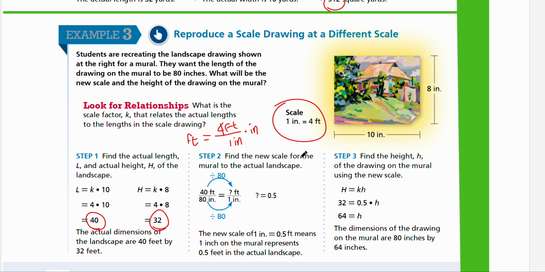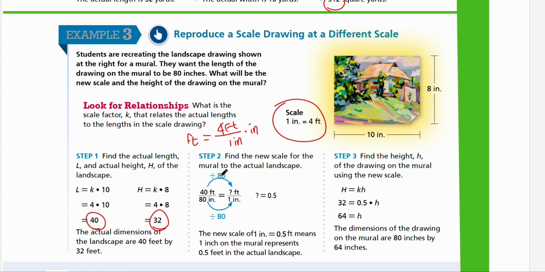And then you can use proportions to figure out the new scale for the mural to the actual landscape. If 80 inches is divided by 1 inch, then how many feet would be in the scale, right? So 80 divided by 80 is 1 inch.